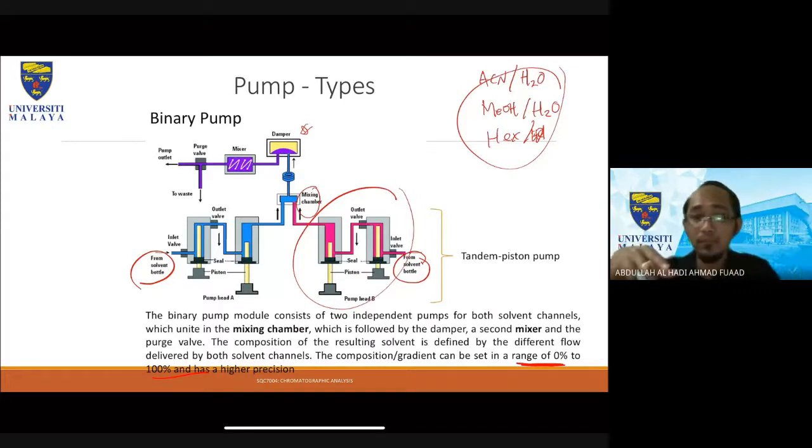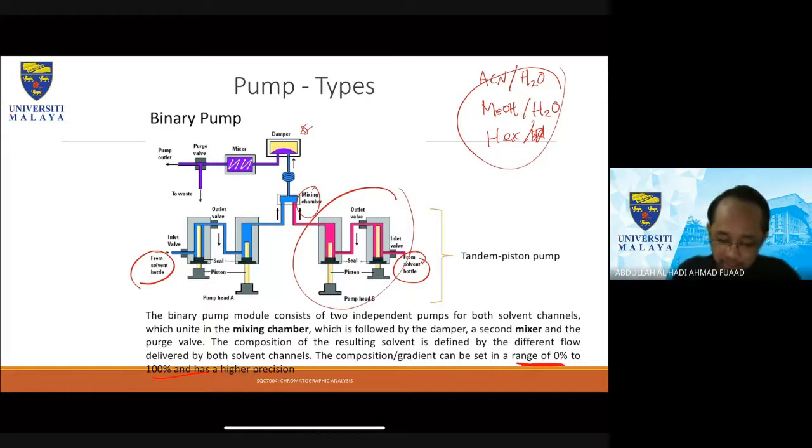Okay, but for GC, you can't, because at the end of the day, it all depends on whether your sample is volatile in the system. If it's not volatile enough, then you definitely cannot use GC. But LC is a different story. Even if it's a volatile sample, if you can find a solvent match that can dissolve the volatile compound, then you can simply run it on an HPLC system.